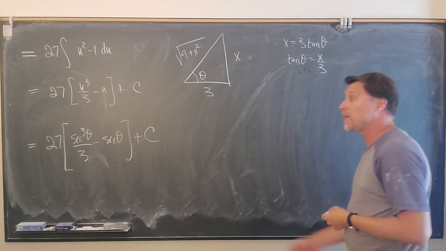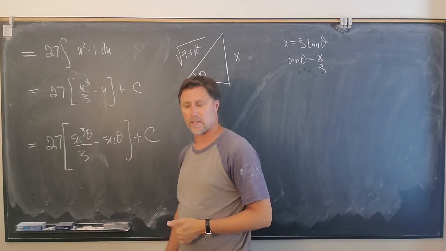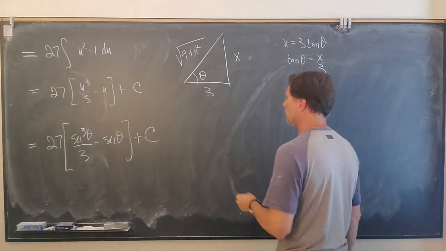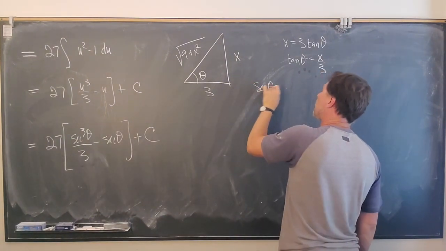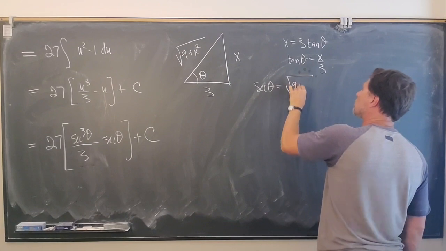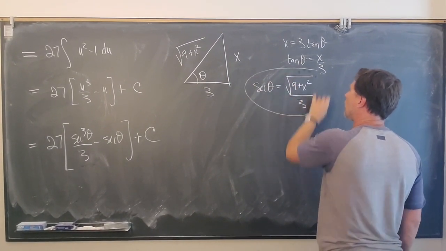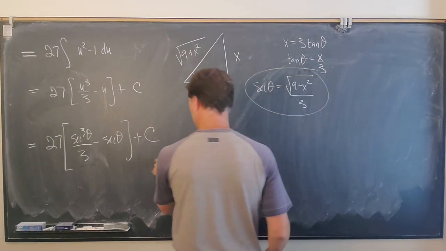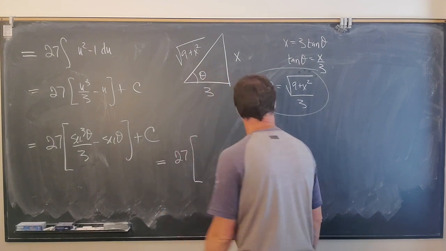Okay, now in our answer over here, we need to figure out what secant is. Let's see, secant is hypotenuse over adjacent. Reading off from this triangle, what we get is secant theta is equal to hypotenuse over adjacent, like that. And so now we go back to our answer, 27 times secant cubed.